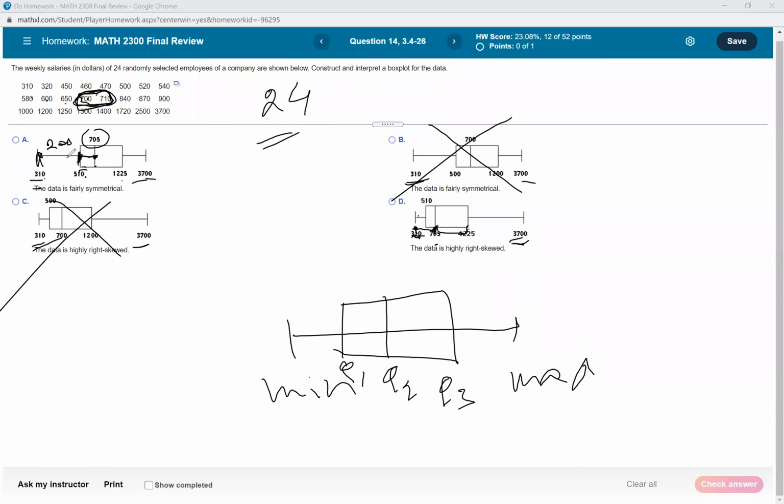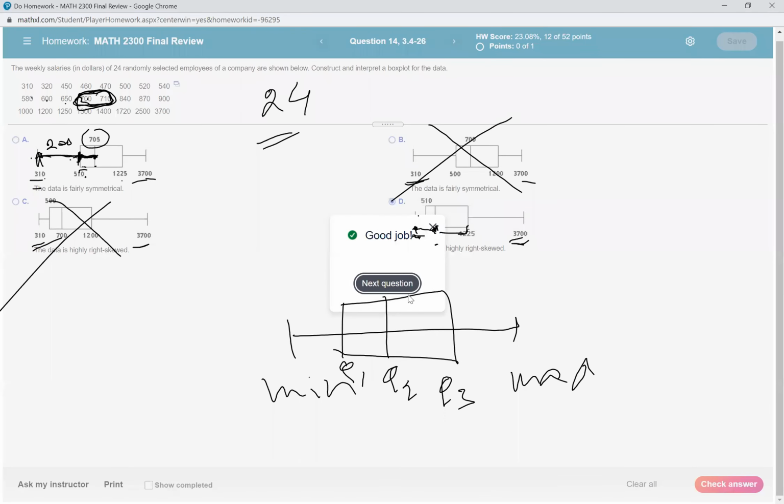I think this is not correct because it's not consistent, right? Because this distance is way more than this distance, but they are representing 200 from the data. So I think the correct answer should be this one. Let me check. Yeah, that's correct. Do you have any questions?